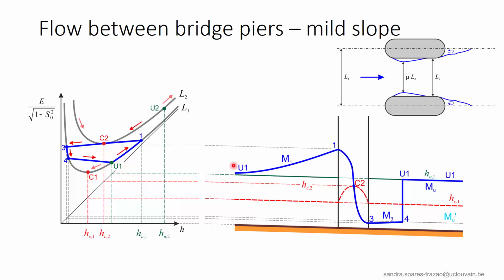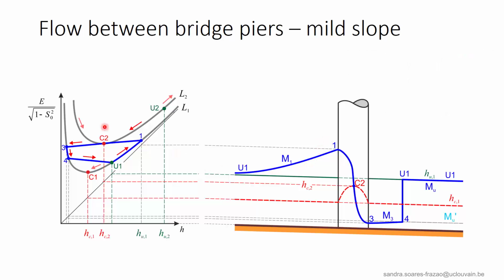So, the flow first increases its specific energy by increasing the water depth through a M1 profile until point 1. Then, at C2, it is impossible to return directly to U1. So, the point representative of the flow goes to the left branch of the L1 specific energy curve in order to lose enough energy.